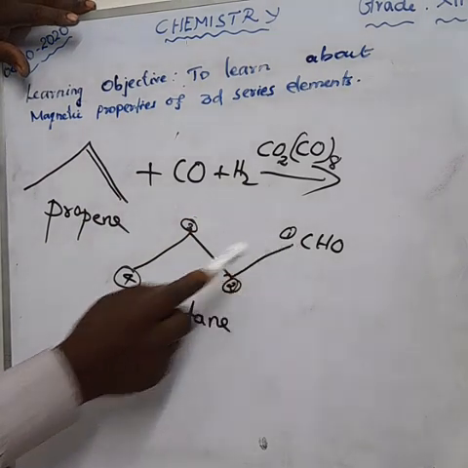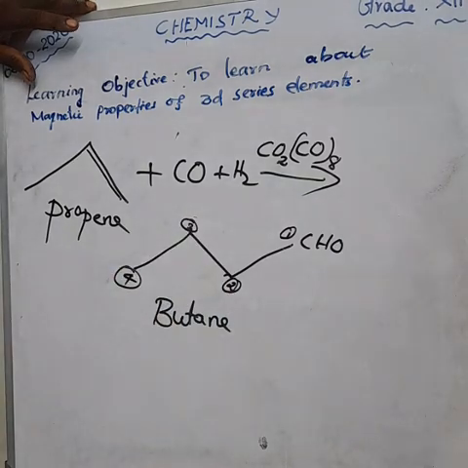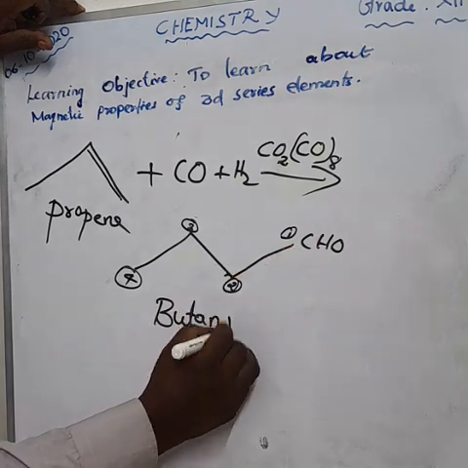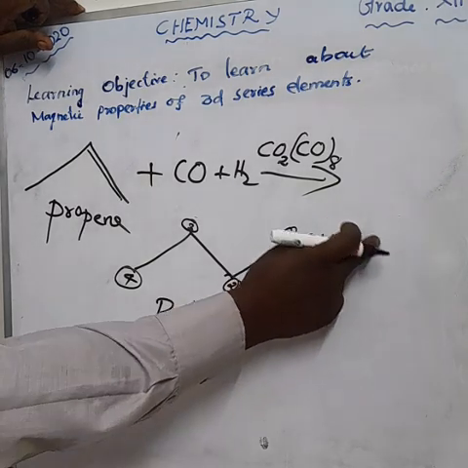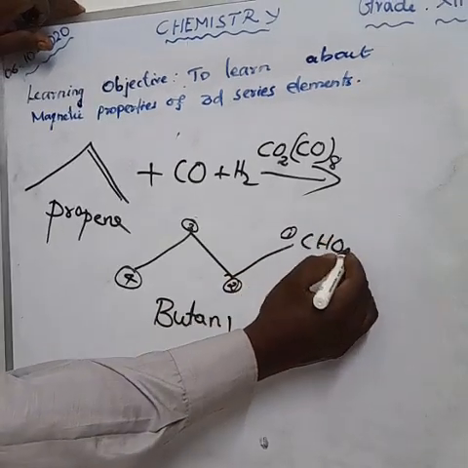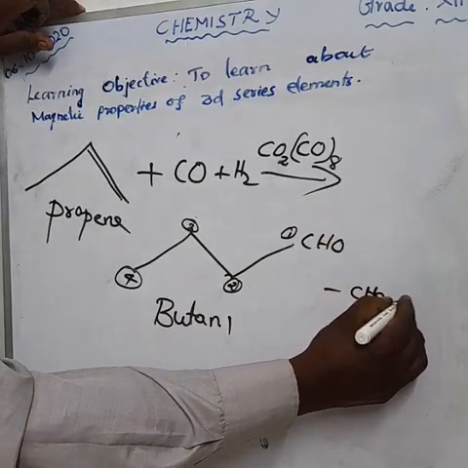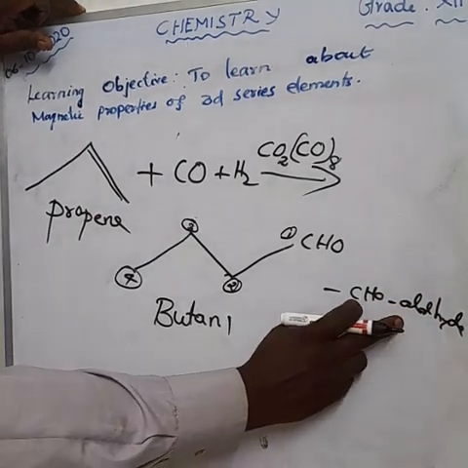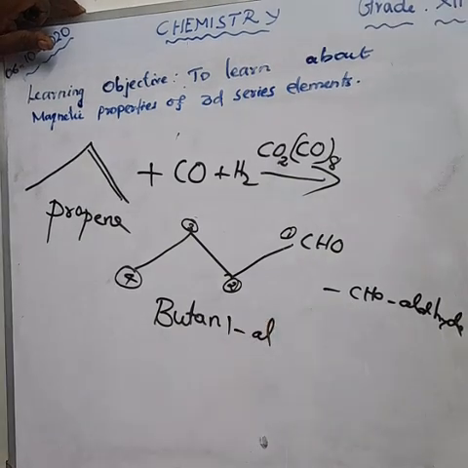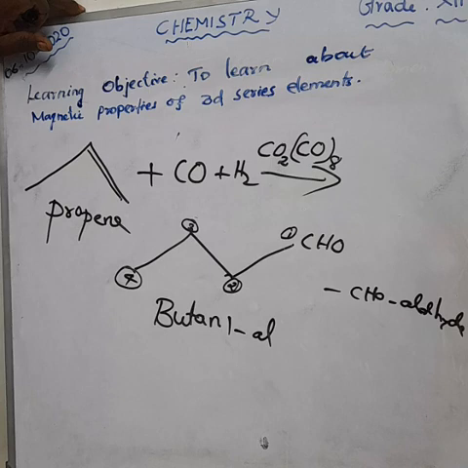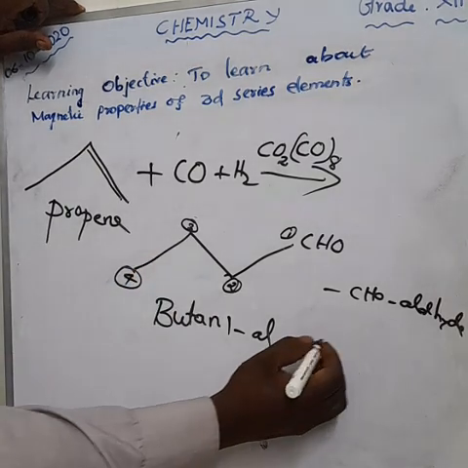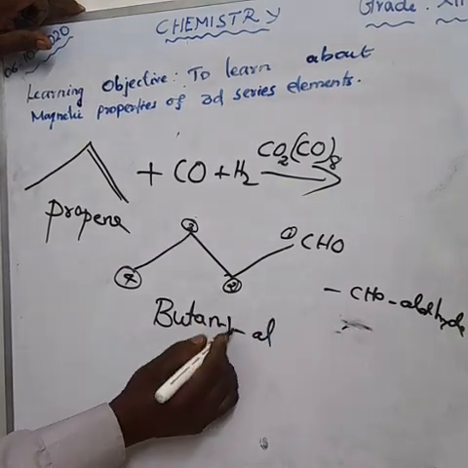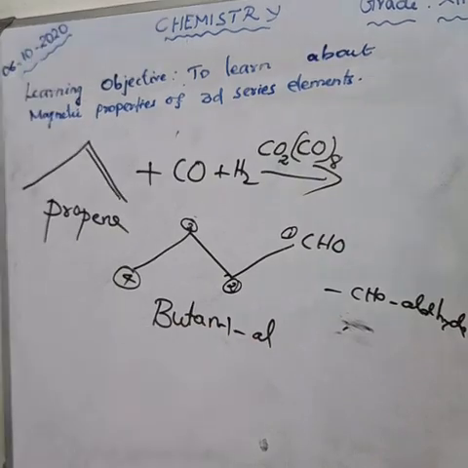The first position has the CHO group, which is aldehyde. For the IUPAC name, for aldehyde we add AL, just as for alcohol we add OL. So what's the name of the compound? Butane 1-al.